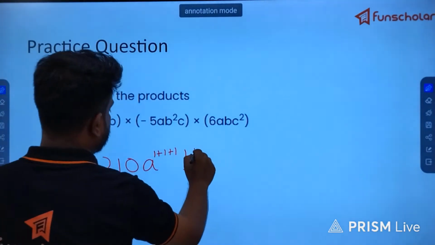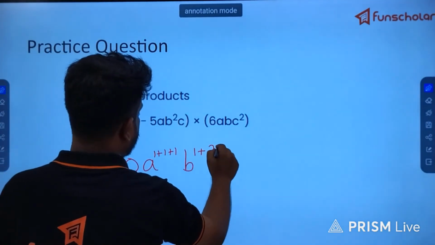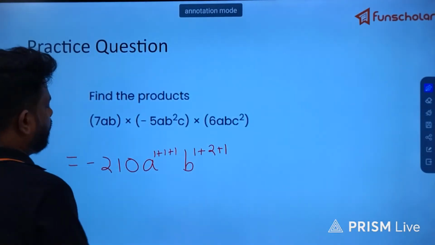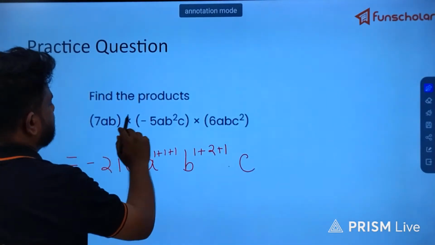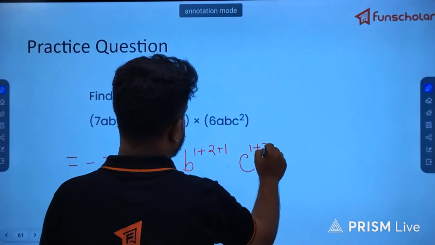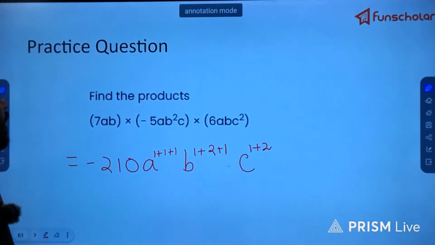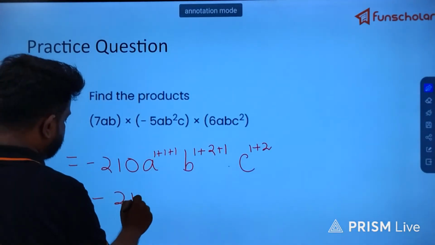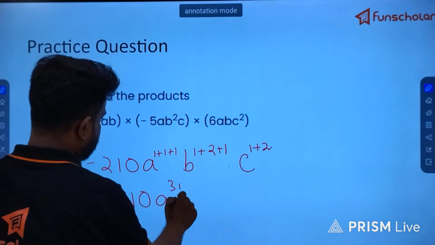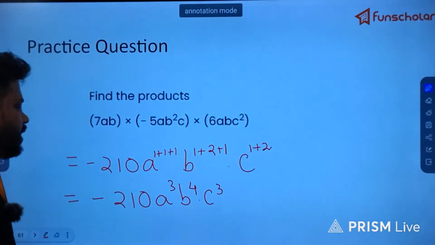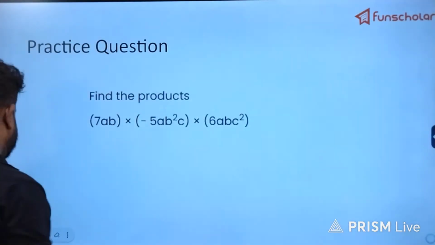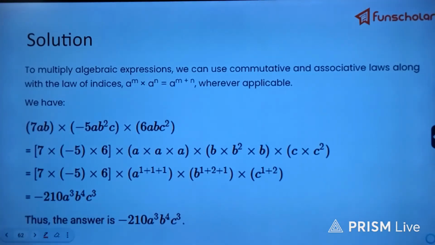It has 1, it has 2, and also it has 1. And c. The first one doesn't have any c. The second one has 1c, and the third one has 2c. So the power will be looking like this. So the answer will be minus 210, a to the power 3, b to the power 4, and c to the power 3. Okay, done. Let's see the answer. The answer is this. Okay, they have also done it like this.